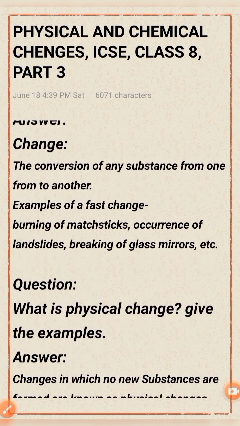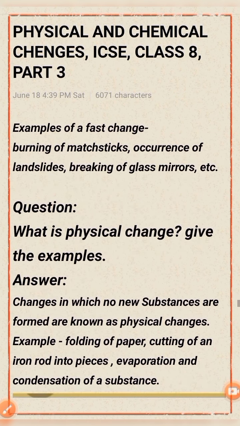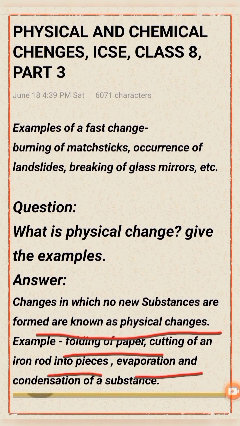Next question, what is a physical change? Give examples. Changes in which no new substance is formed are known as physical changes. Example, folding of paper, cutting of an iron rod into pieces, evaporation and condensation of a substance.